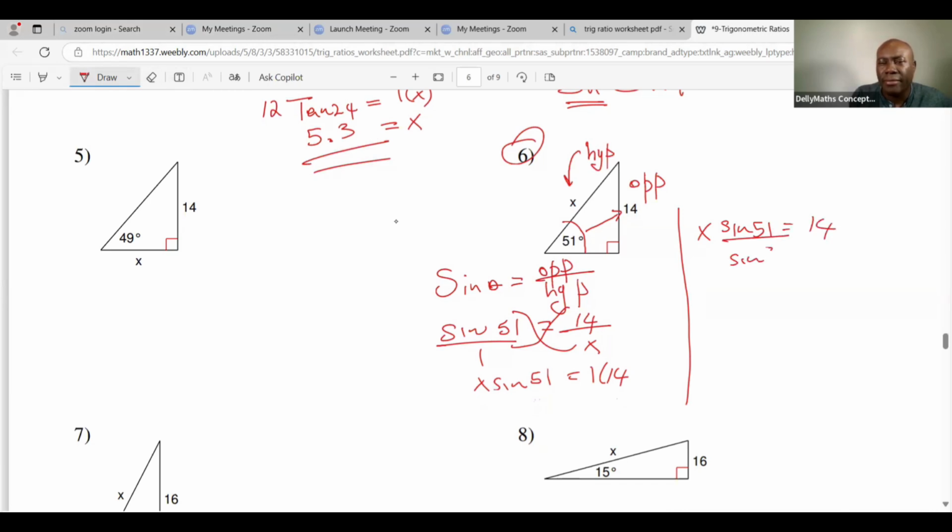Let's divide both sides by sine 51. So to find x, it's going to be 14 divided by the sine of 51, and we're getting 18.01.